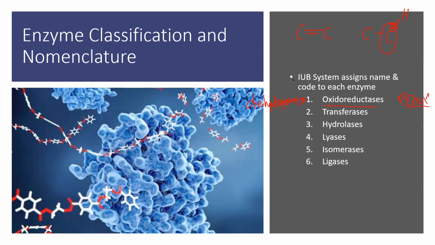Next in line we have the transferases. From the word itself, transferases catalyze the transfer of one group to another: a group other than hydrogen, from one substrate to another. There is a transfer of an intact group of atoms from one molecule to another.